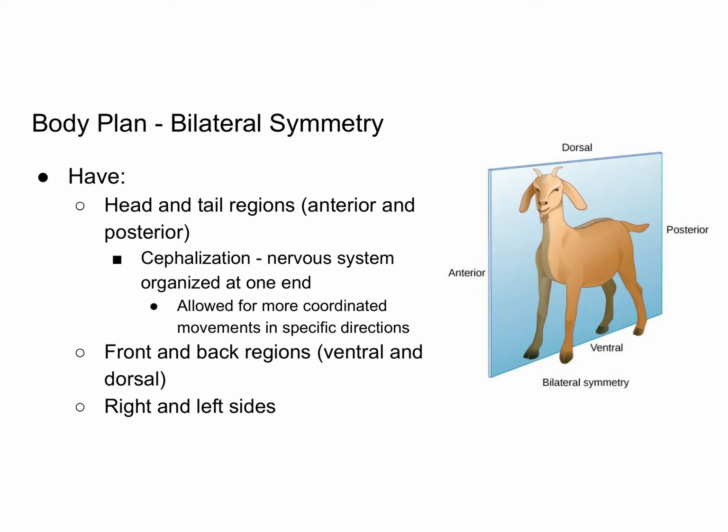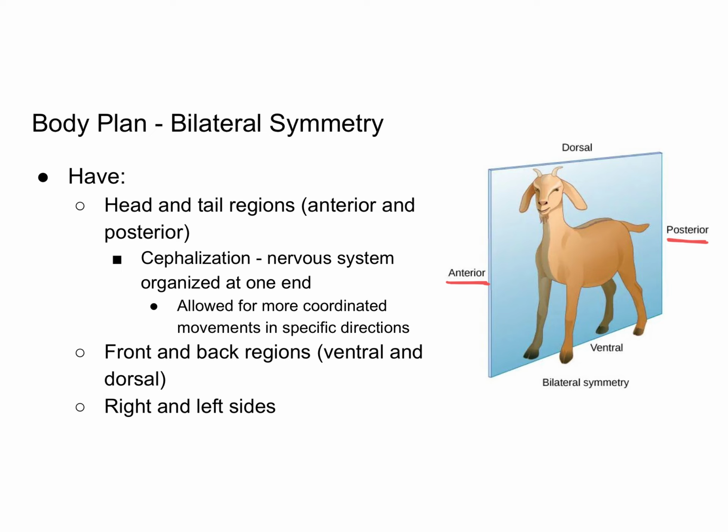Now, bilateral symmetry allows for some additional specialization of parts of the body. Animals that have bilateral symmetry have a head and a tail region. Anterior is towards the front or the head of an animal. Posterior is towards the back or the tail of an animal.